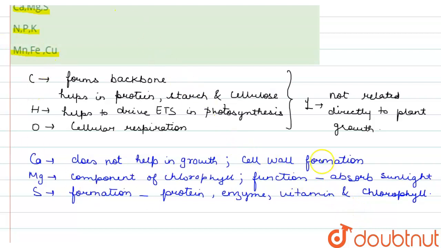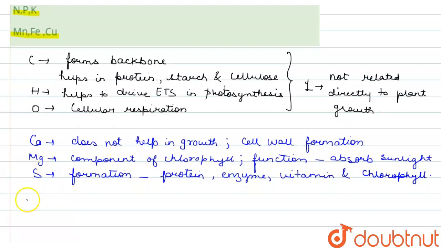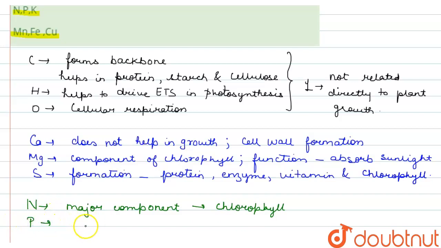Now, if we discuss option number 3, that is nitrogen, which is a major component of chlorophyll, and we know that chlorophyll helps in photosynthesis. Phosphorus is a major component of DNA and RNA.